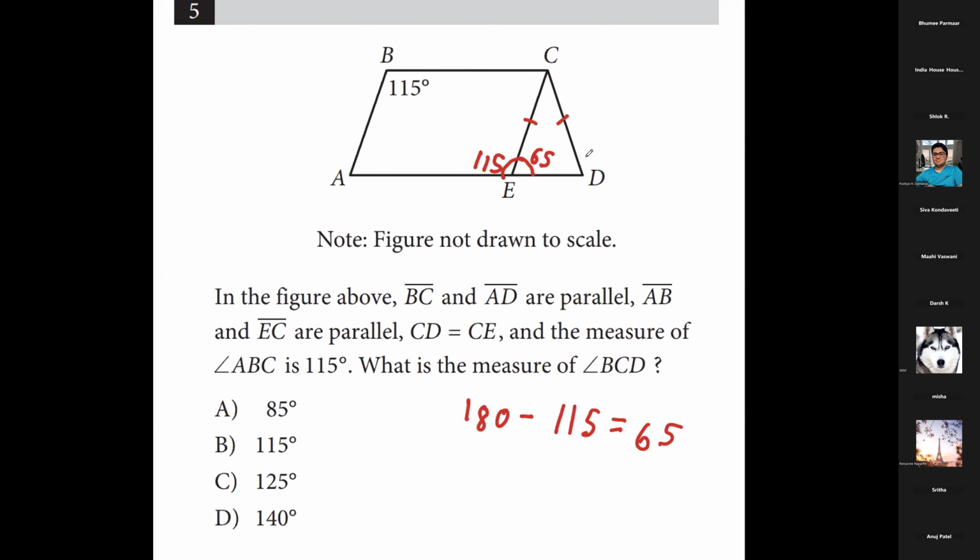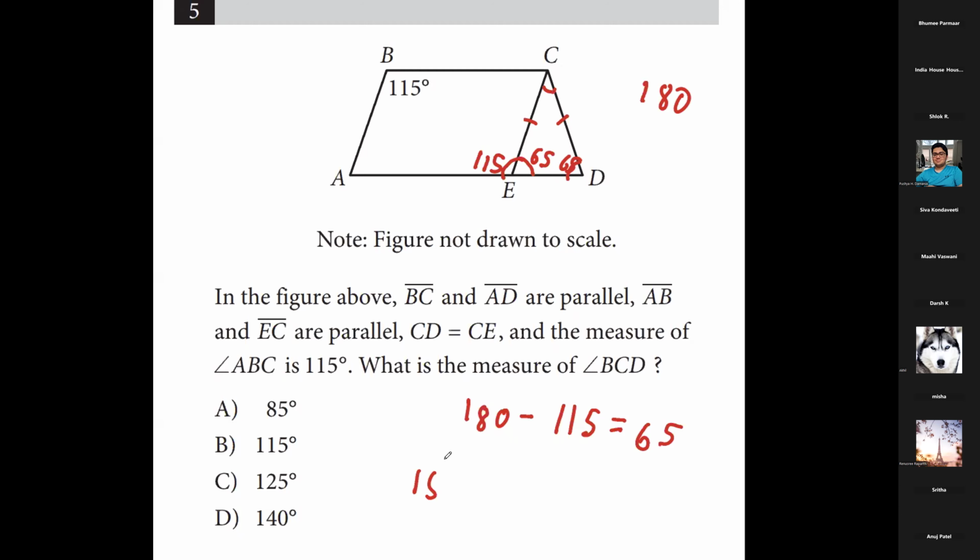Since CE and CD are the same length, we can also say that CDE is also 65 degrees. And we know that the angles of a triangle add up to 180 as well. So we have 65, 65, and we're solving for the missing angle.